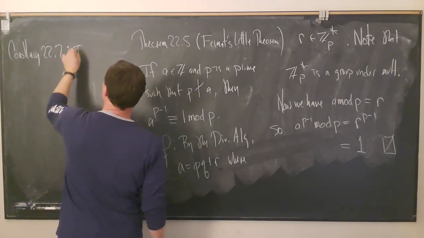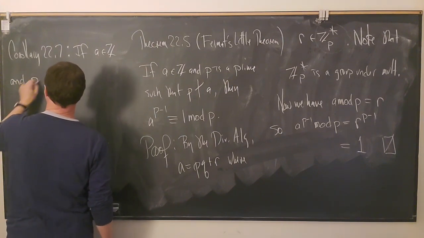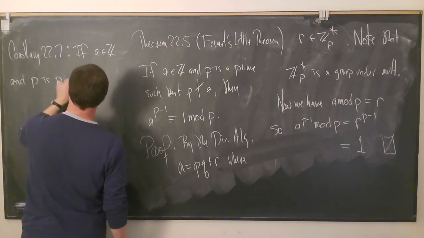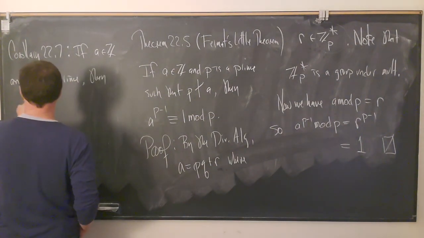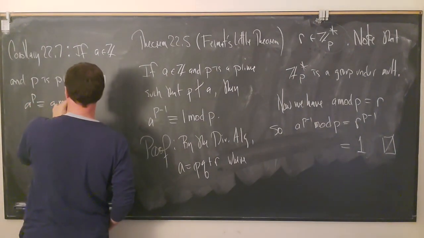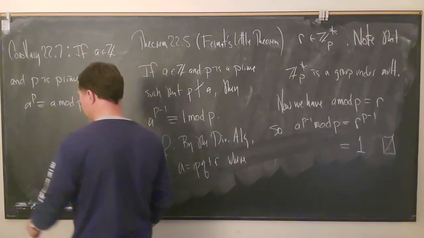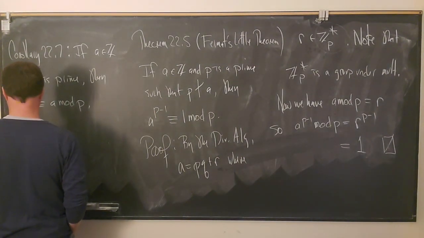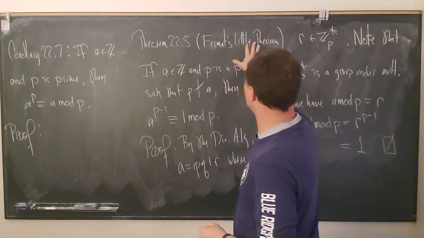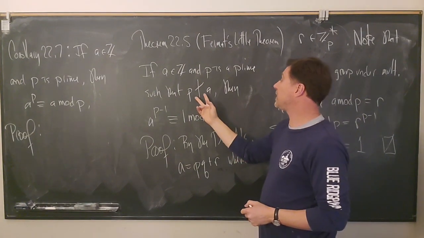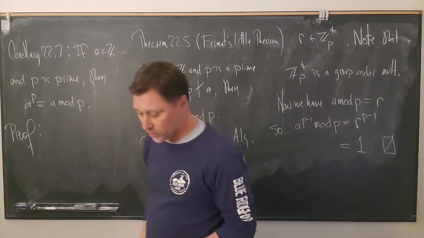If a is an integer and p is prime, then a to the p is congruent to a mod p. The proof is a straightforward computation. Remember, in the statement of Fermat's little theorem, we required that p cannot divide a. In this corollary, we don't have that restriction. So we're just going to consider the two cases separately.